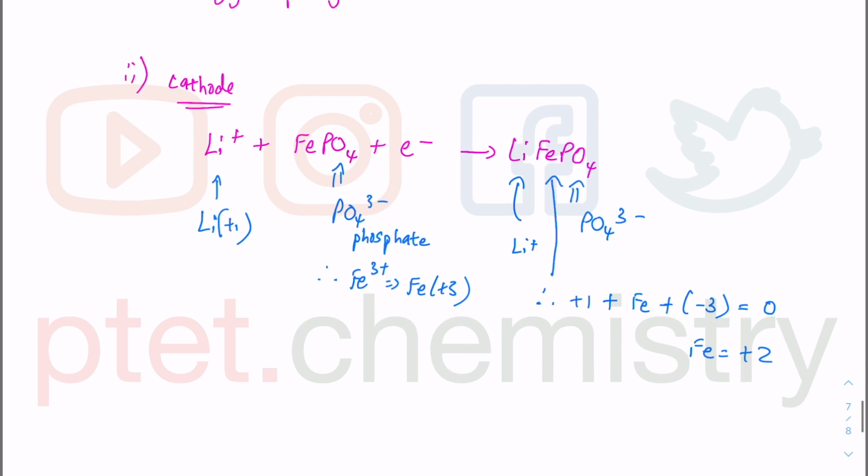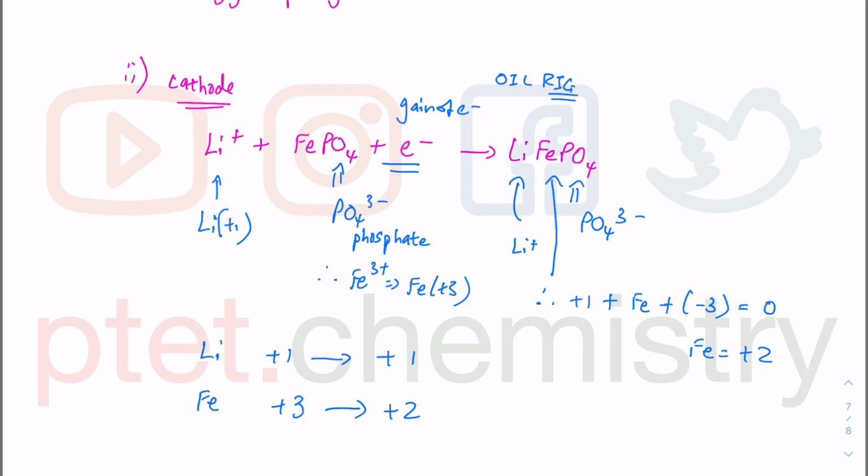So what we have done is the lithium has gone from plus 1 to plus 1, so no change at all, but the iron has gone from plus 3 in this iron 3 phosphate to plus 2 in the final product. Plus 1 plus 2 is plus 3, this is minus 3. Plus 3 minus 3, so you know this is iron 3, it has undergone reduction, gain of electrons, what we talked about earlier.